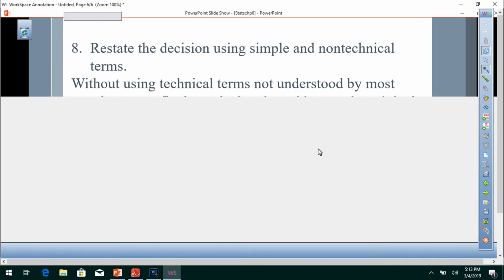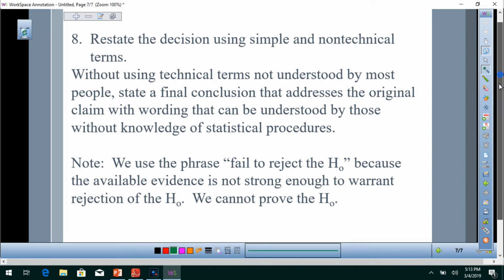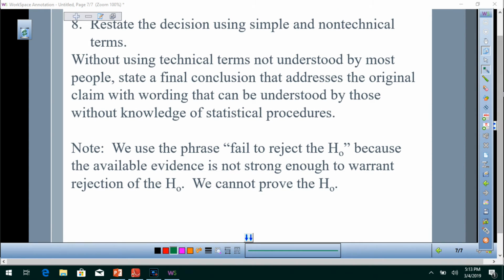Now, restate the decision using simple and non-technical terms. Without using technical terms not understood by most people, state a final conclusion that addresses the original claim with wording that can be understood by those without knowledge of statistical procedures. So how are we going to put this? Let me write this out for you.